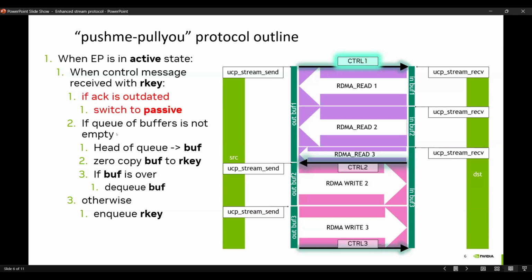If the queue of buffers of data, in our case buffers to be filled with data, is not empty, we take this buffer and perform an RDMA read operation. Otherwise, if we don't have data on our side yet, we just enqueue this ARCI to be processed later. Okay.